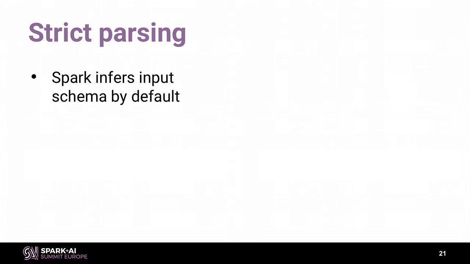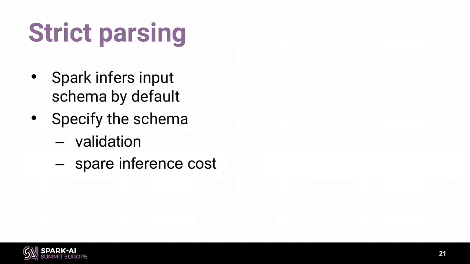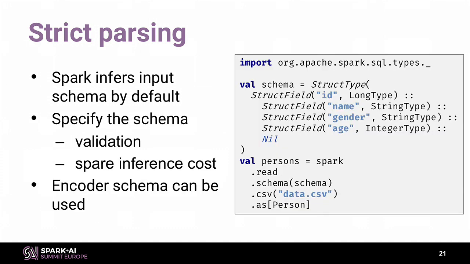Some other features can be added to help automatically deriving meaningful classes. Spark has schema inferencing by default. It can infer the schema for your input. But what if you want to validate your schema?